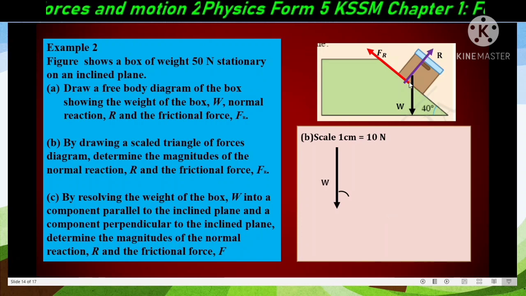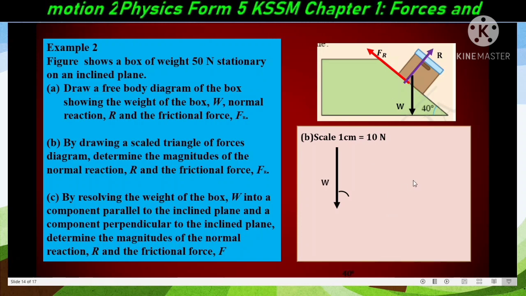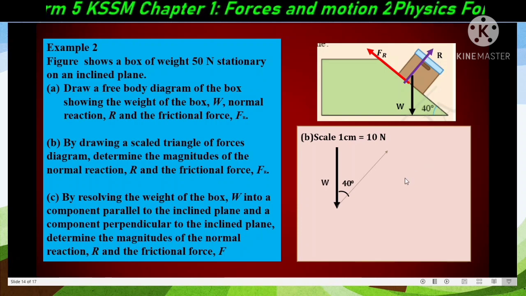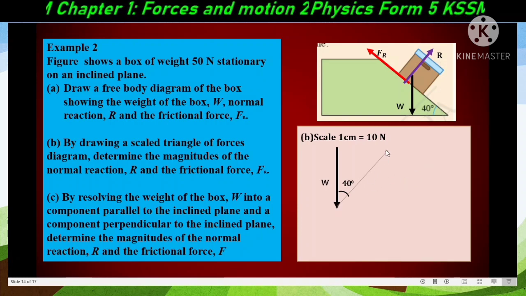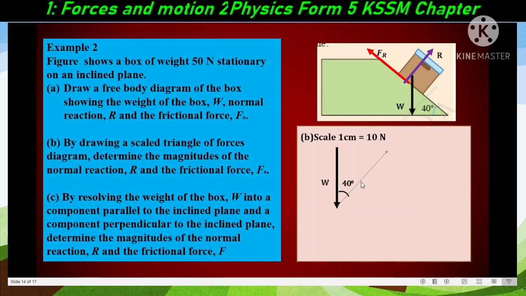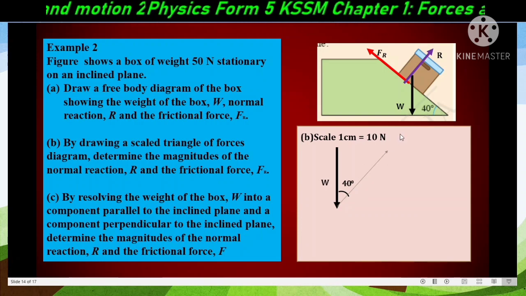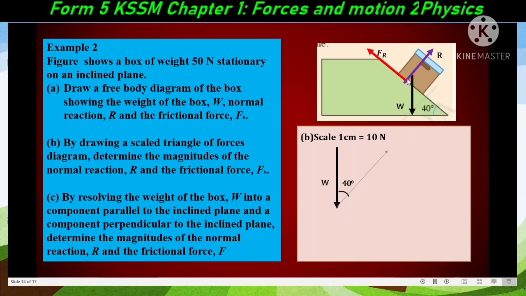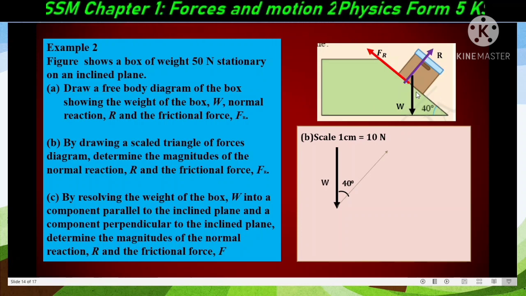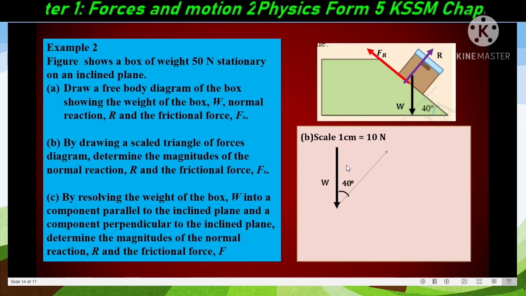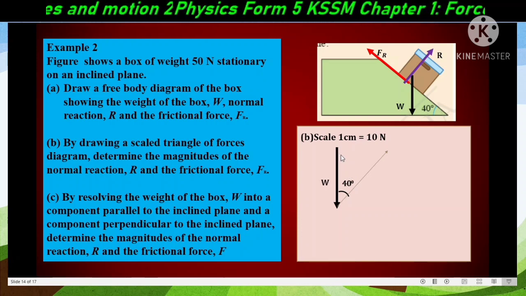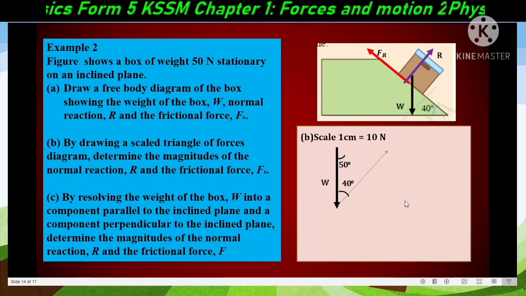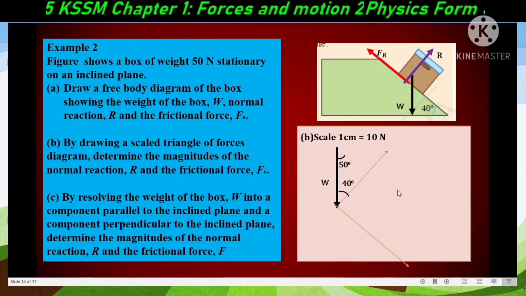Okay, W is at angle 40 with R. But we don't know the length of R, so we just draw a bit longer line. Then R is at angle 50 from the weight, so from here you can measure 50 degrees and draw a line.